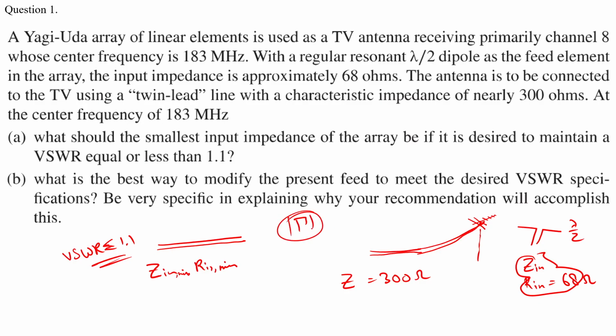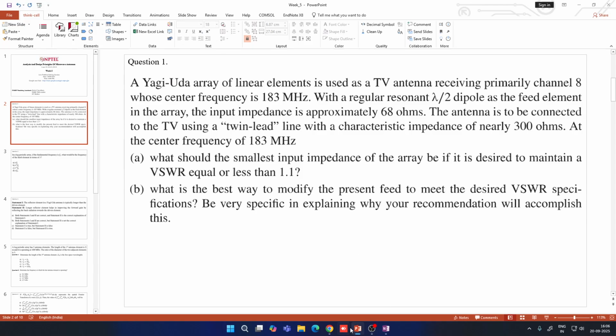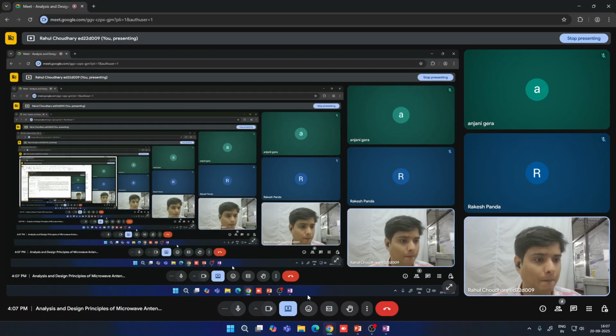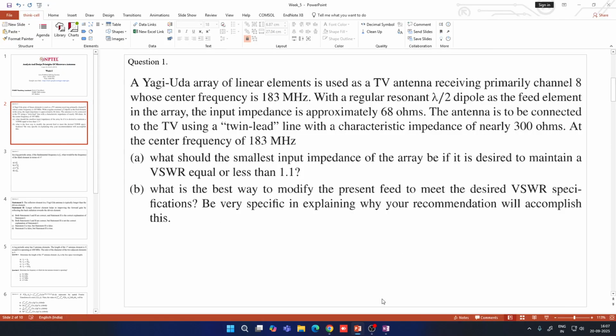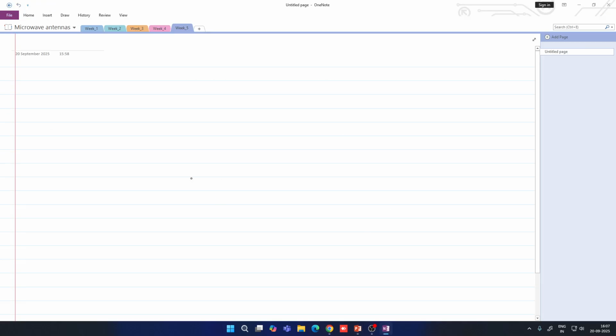So first we want to find the range of the reflection coefficient if VSWR has to be less than or equal to 1.1, and from that we can find the minimum Z in or R in. I hope the question is clear. If it is clear, we will move on to the solution for question number 1.